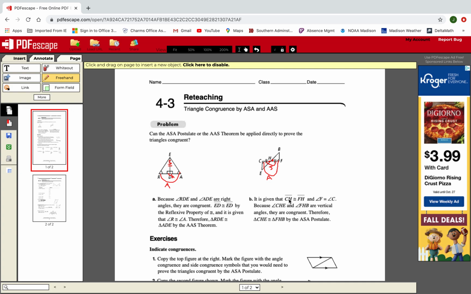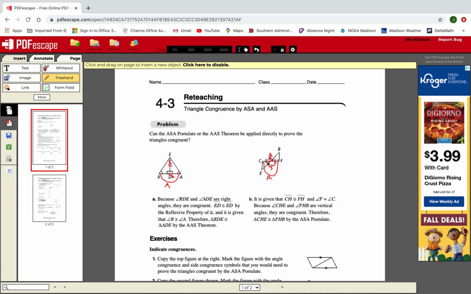It gives you that CH is congruent to FH, and that angle F is congruent to angle C. Because angles CHE and FHB are vertical angles, they are always congruent. So this is another pair of angles, and here you can see we have an ASA, angle, side, angle situation.